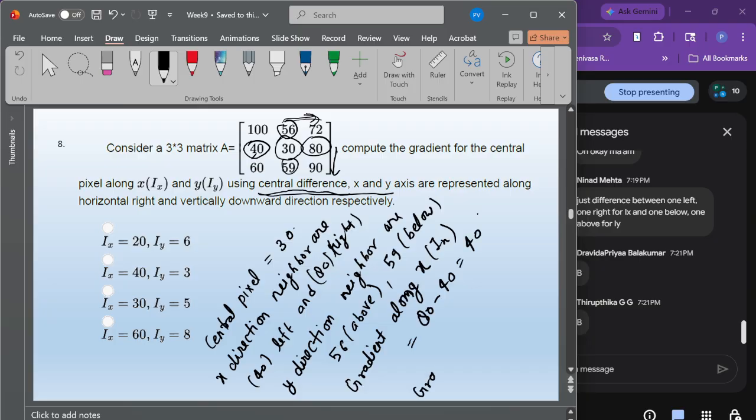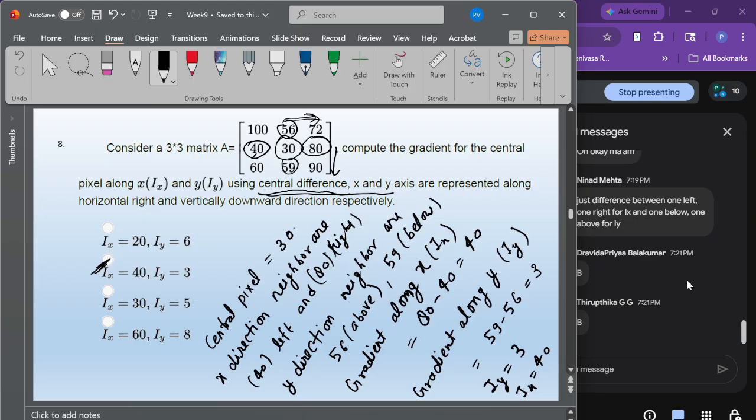Similarly, the gradient along the y direction is Iy. Below minus above, so Iy is 59 minus 56, that is 3. So Iy is 3 and Ix is 40. So this option is the correct answer for this question.